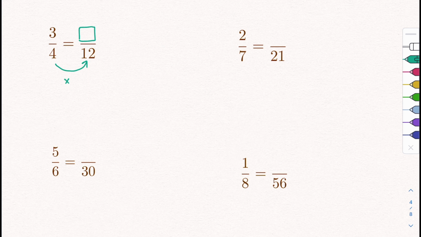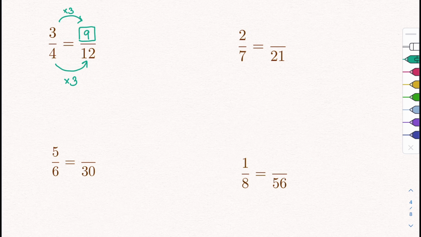And the answer is 3. So we know that we now have to times 3 to the numerator. 3 times 3 equals 9. And that means that 3 over 4 is equal to 9 over 12, and that these two fractions are equivalent.